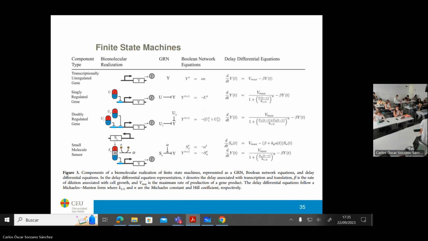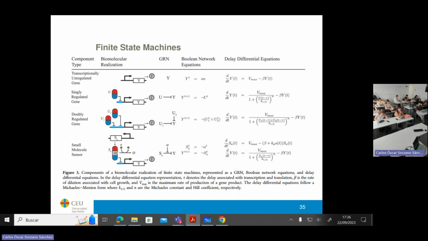Okay, so I may have three different representations of this model. Let's say I have the graphical representation. I know that, for instance, here this U, that is a protein, binds and inhibits this transcription factor, and then this transcription factor, because it is inhibited, will lower the level of Y. And how do I model that?